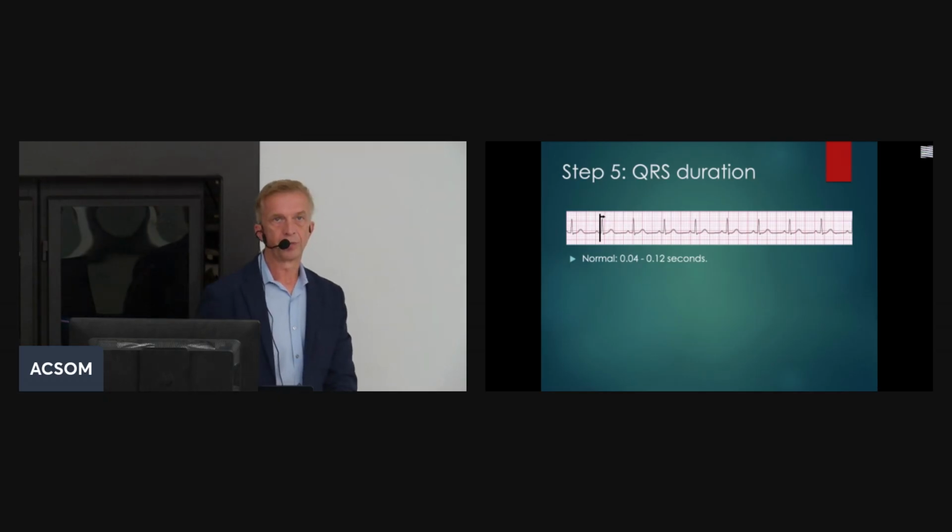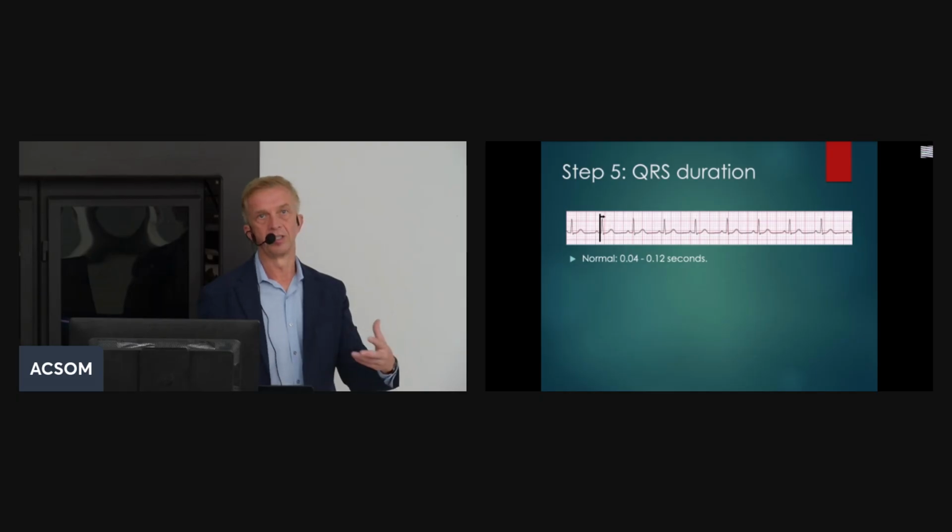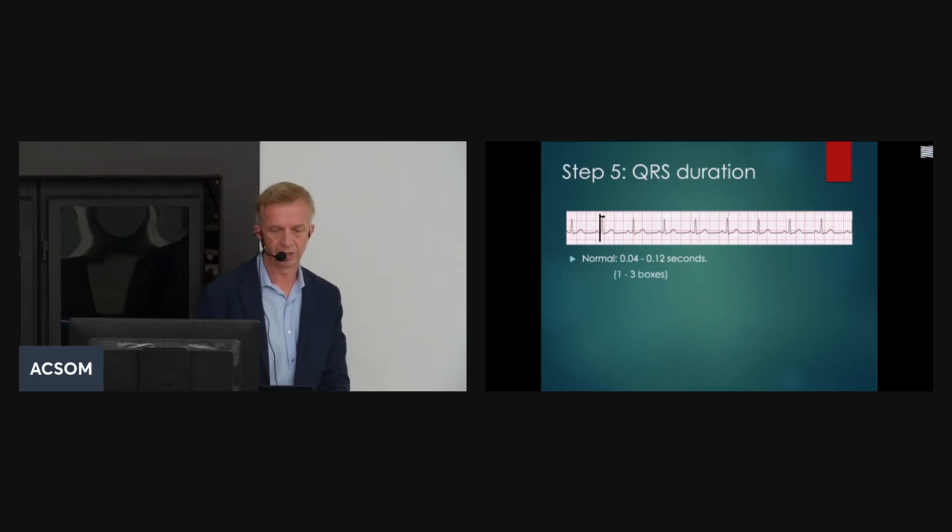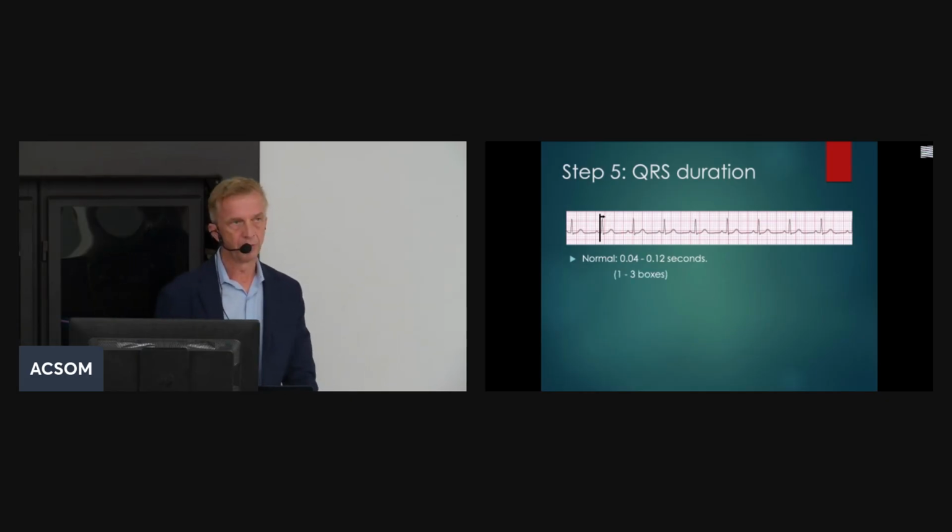When the QRS complex is wider, there are many different pathologies that cause widening of the QRS complex, or slow the conduction of the impulse through the ventricles, or delay the depolarization of the ventricles. So less than 0.12 seconds, less than three small boxes, because we said one small box is 40 milliseconds.